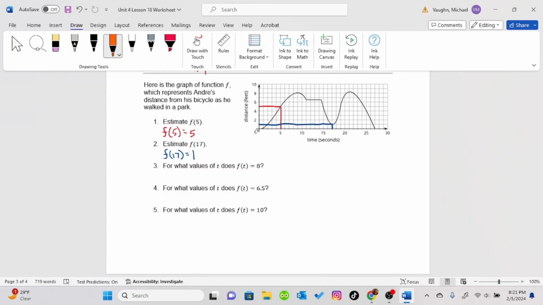Number 3, for what value of t does f of t equal 8? The number that the function equals is the y value. So we go up to y equals 8, and we come across. And it appears that happens when t equals 9.